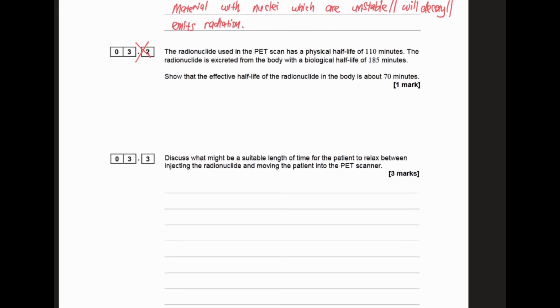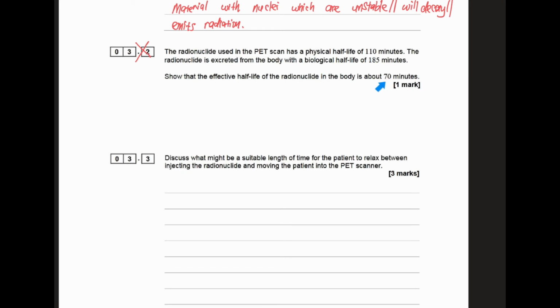Okay, so next one. Discuss what might be a suitable length of time for the patient to relax between injecting the radionuclide and moving the patient into the PET scanner. Okay, so now let us look at the effective half-life over here, which is 70 minutes.